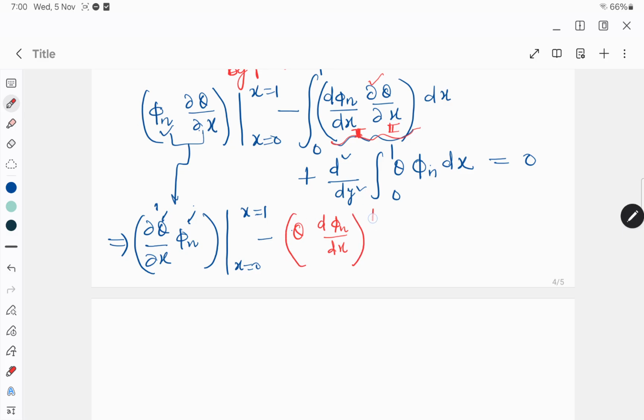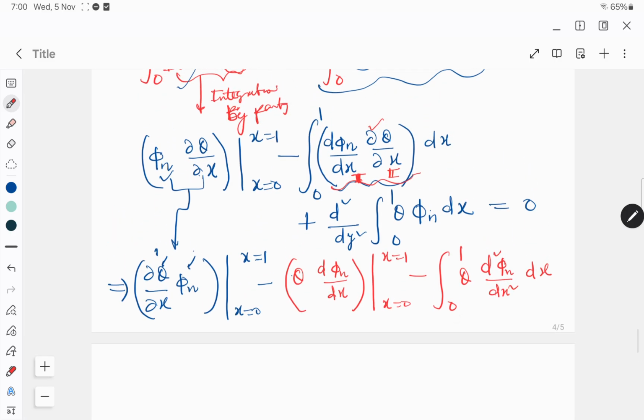So this will be evaluated from x is equal to 0 to x is equal to 1, minus the integral from 0 to 1 of the derivative of first, that is d2 phi n over dx square, and the integration of second, that is theta, integrated with respect to x.